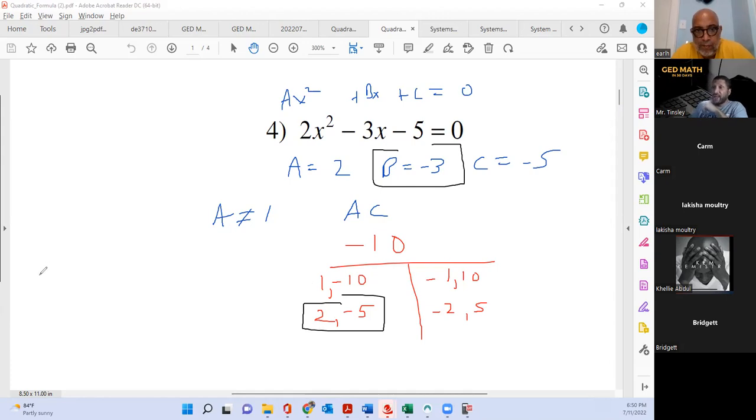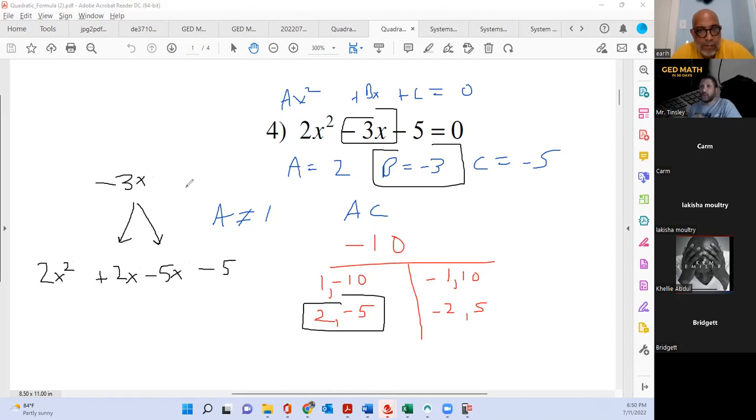So you're going to rewrite it: 2x squared plus 2x minus 5x minus 5. So I took this term, minus 3x, and broke it up into 2 terms. Does everybody understand that? Yeah.